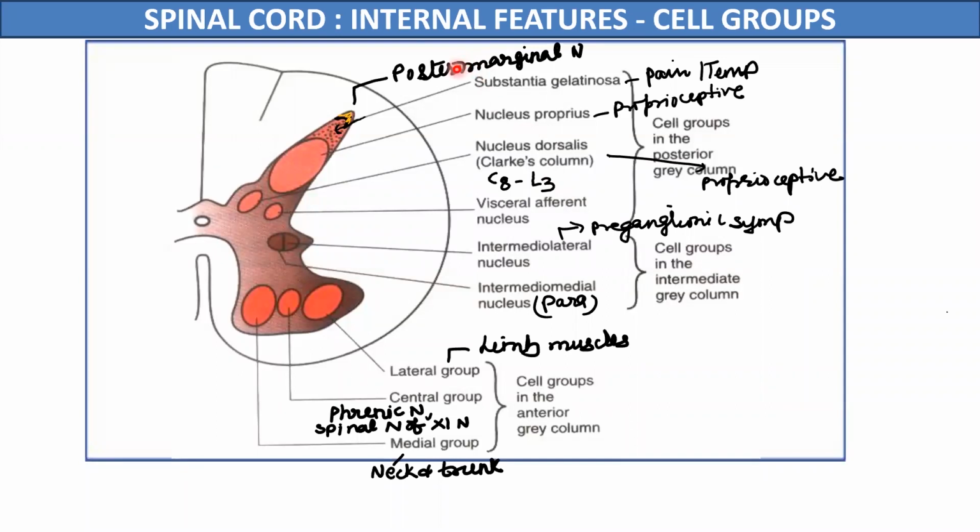Anterior to the posterior marginal nucleus, the second group of neurons is the substantia gelatinosa. This substantia gelatinosa extends throughout the length of the spinal cord, and it contains only very small neurons which are Golgi type 2. The substantia gelatinosa receives the afferents which are carrying the pain and the temperature sensations.